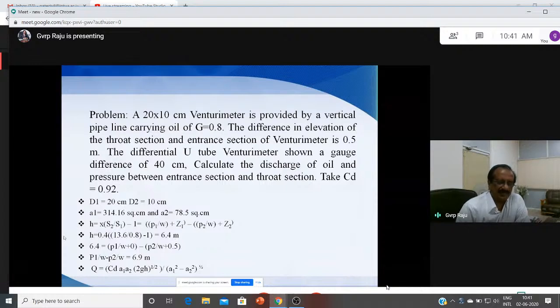So this 6.4 meters is equal to P1 by W plus Z1 minus P2 by W plus Z2. The total Z1 minus Z2 is 0.5, or you can take Z1 is equal to 0 and Z2 is equal to 0.5, as there is an elevation difference. So P1 by W minus P2 by W is equal to 6.9 meters. So he has asked you to find out the difference of pressure head.